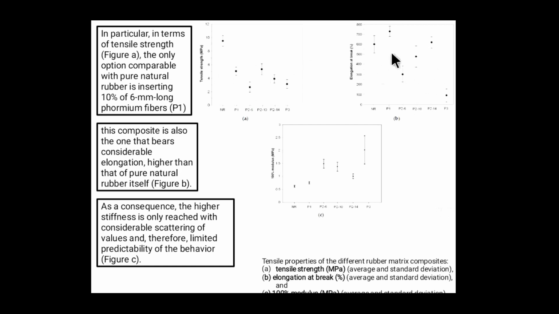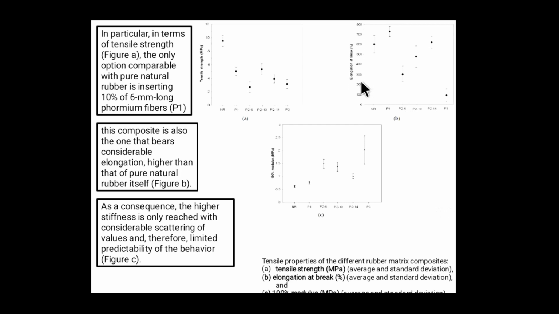When you are coming to B, the second figure, this composite is also one that bears considerable elongation higher than the pure natural rubber. Okay, so here the possibility to increase the amount of fibers introduced for higher stiffness also appears of interest.